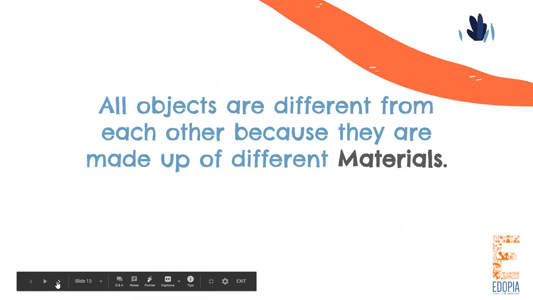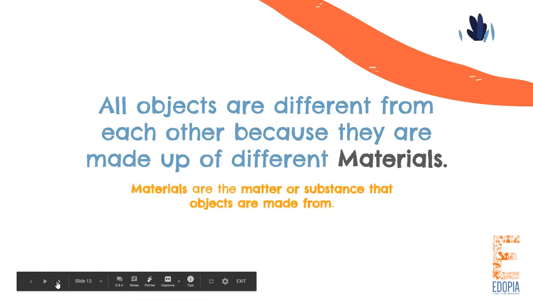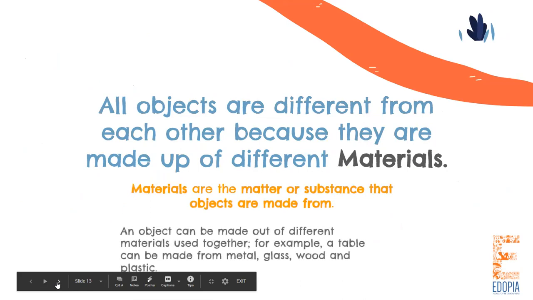So all objects are different from each other because they are made up of different materials. Materials are the matter or substances that the objects are made from. An object can be made out of different materials used together. For example, a table can be made out of metal, glass, wood, and plastic. We discussed this in class.